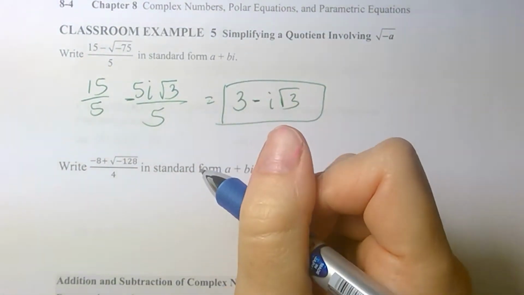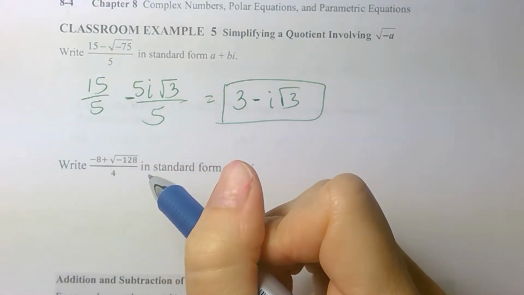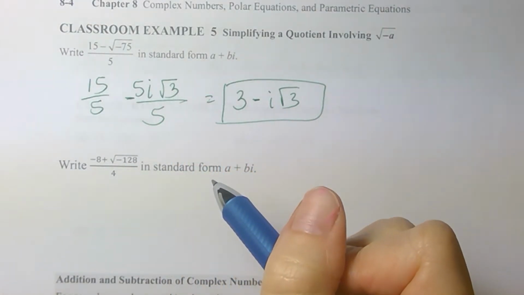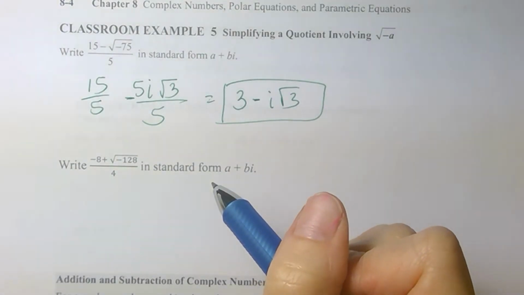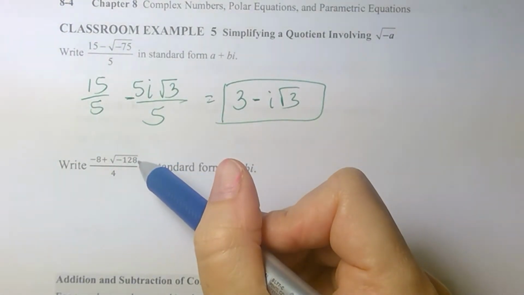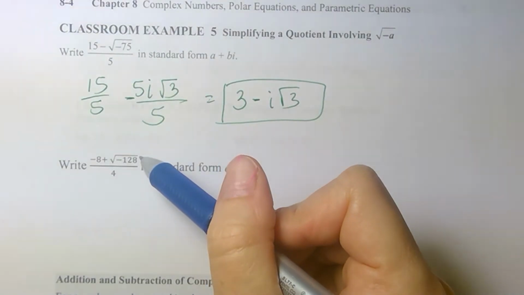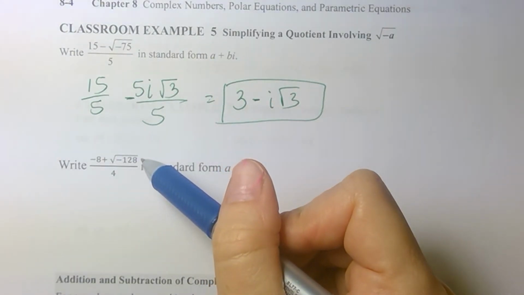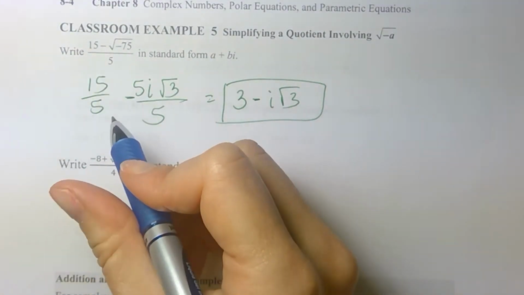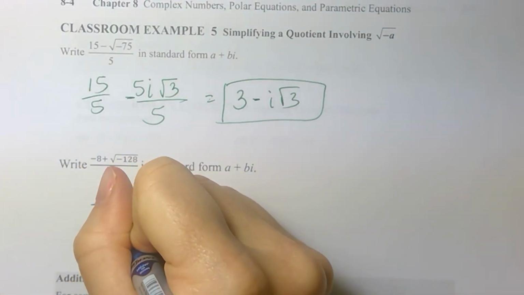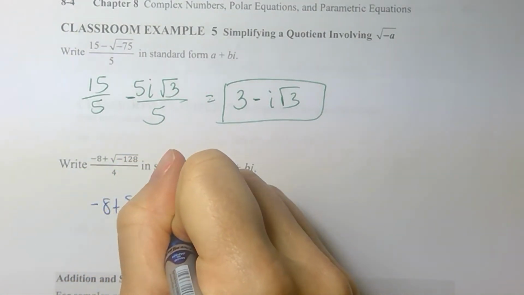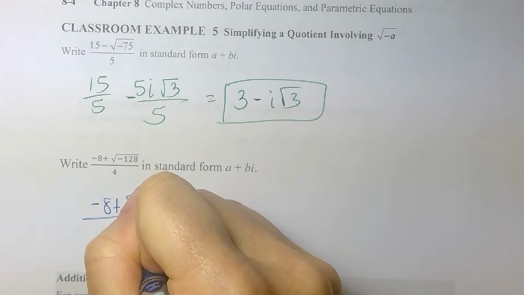On the next one, I need to simplify square root of -128. So you're looking for a common factor. If I divide 128 by 2, I get 64, and 64 is a perfect square. The square root of 64 is 8. So this becomes -8 plus 8i square root 2 all over 4.